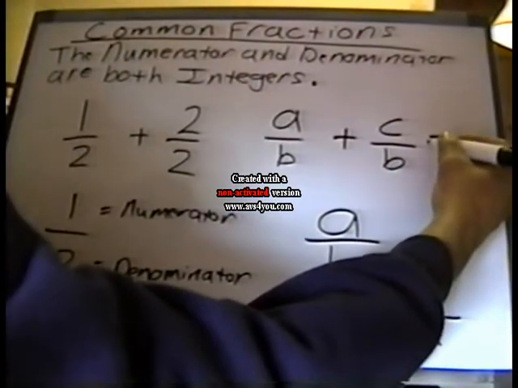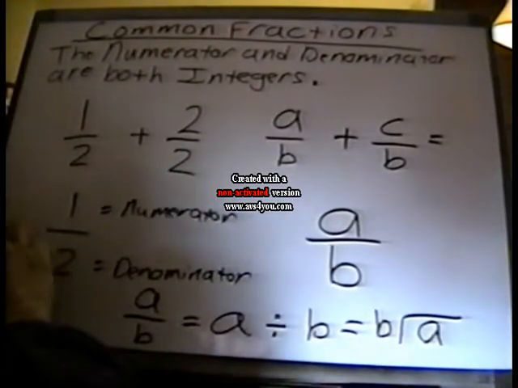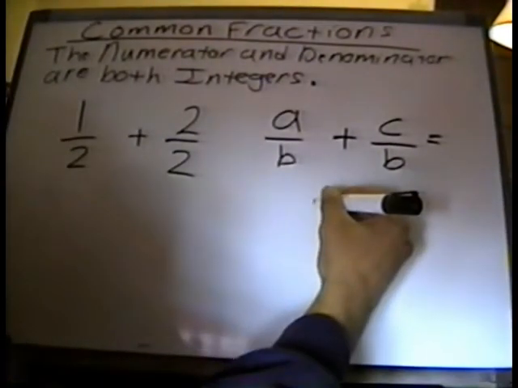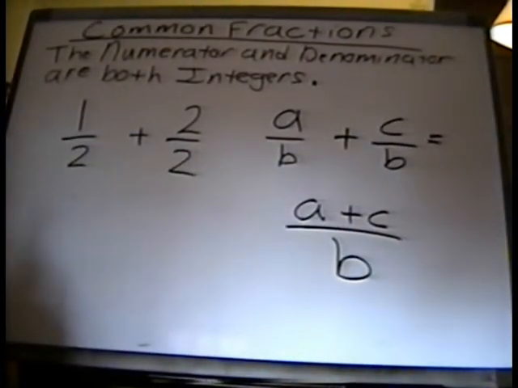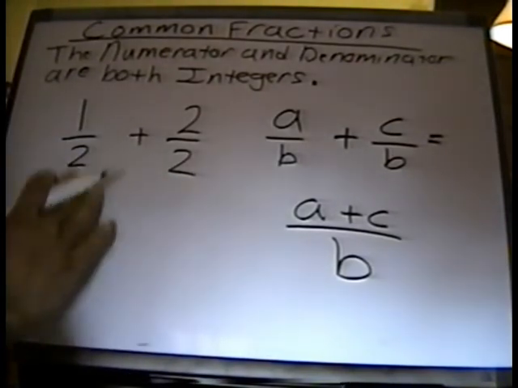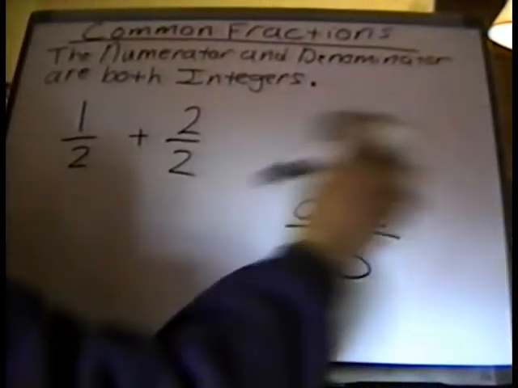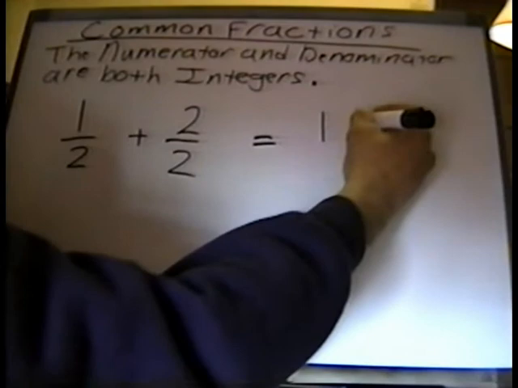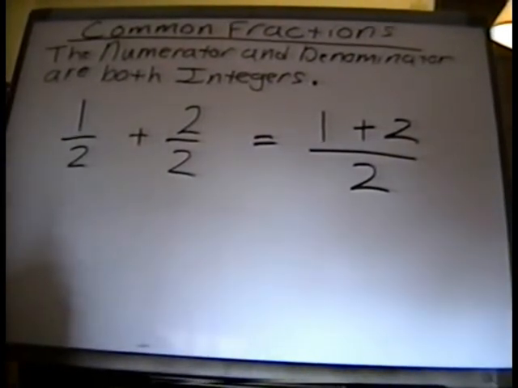That's going to end up giving you A plus C over B. Meaning, 1/2 plus 2/2 is equal to 1 plus 2 over 2.